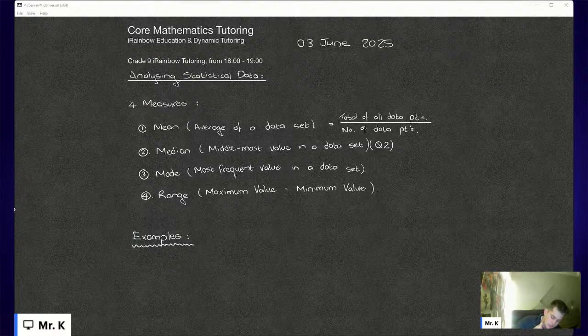So if we wanted to look at the median, how would we calculate the median? I'm going to show you guys the manual way to find it, but then also give you a little formula that you can use.